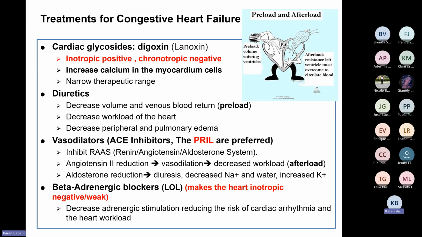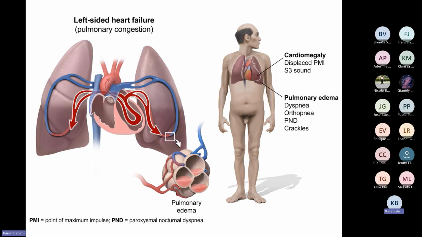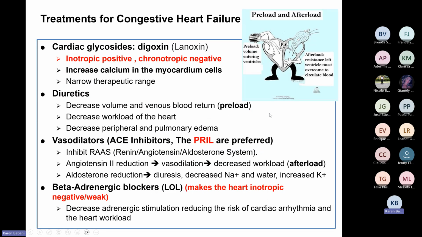There's also aldosterone reduction, which leads to diuresis, and therefore decreased sodium and water and increased potassium. That's why these are the ones that are going to increase potassium.